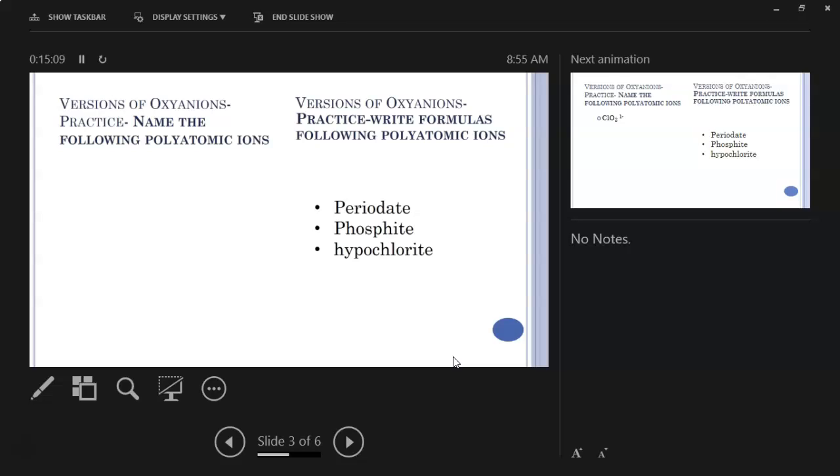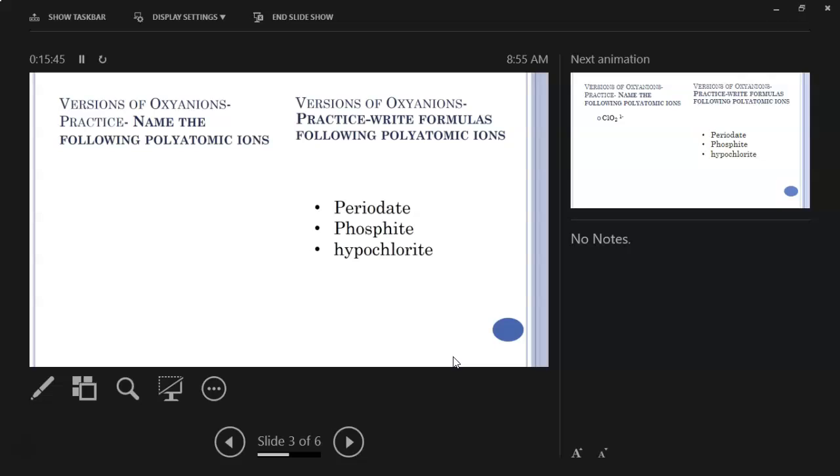So my actual formula for phosphite would be PO3 3-. Periodate. So look on your list and see what is very similar to periodate. Iodate, which is IO3 -, is that correct? Okay. Per means what? One more, so my formula would be IO4 -.